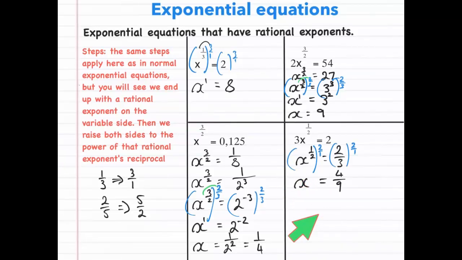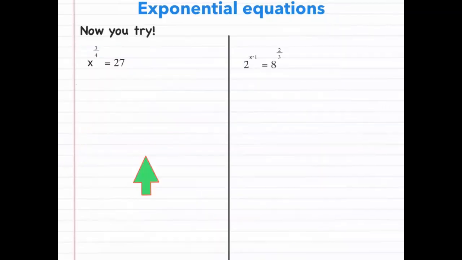So let's go and try some more examples. Now here are 2 examples for you to try. Give them a go. And remember, once you see rational exponents, you always want to write the bases as a product of their prime factors.